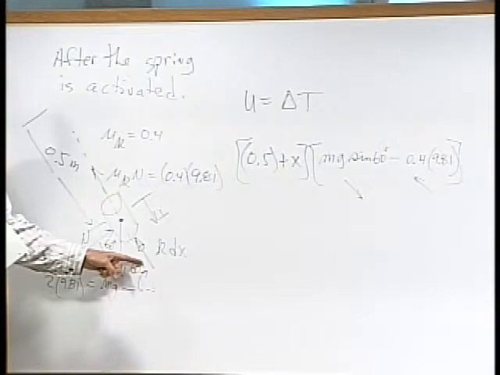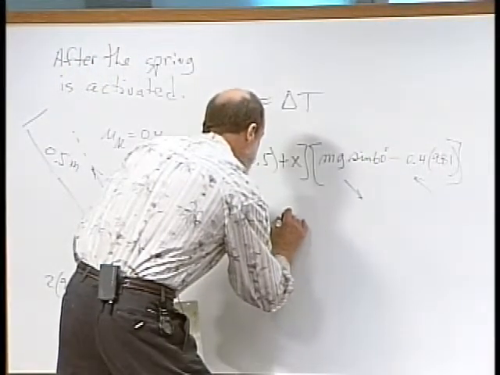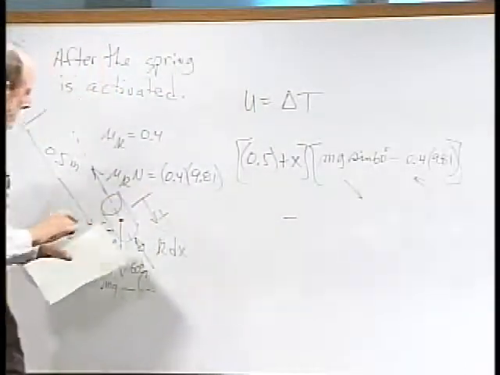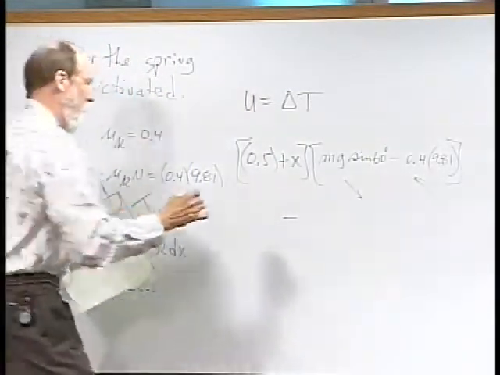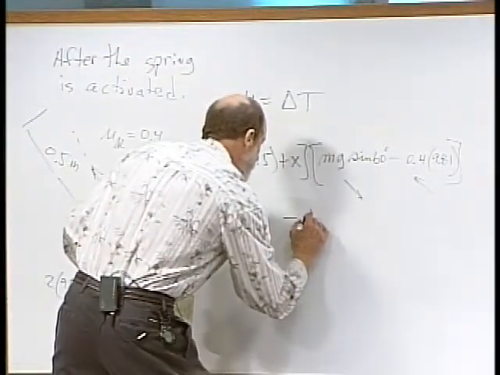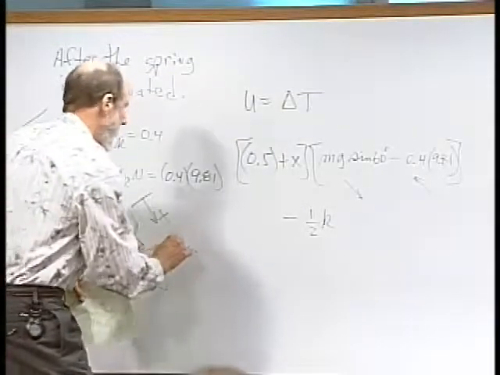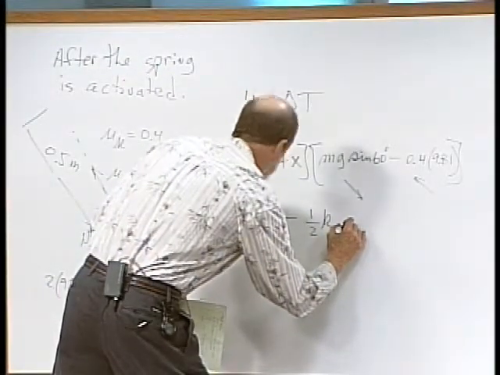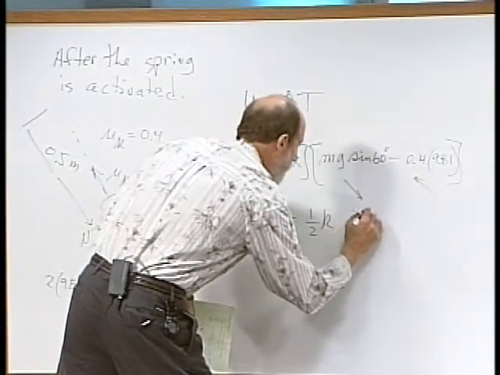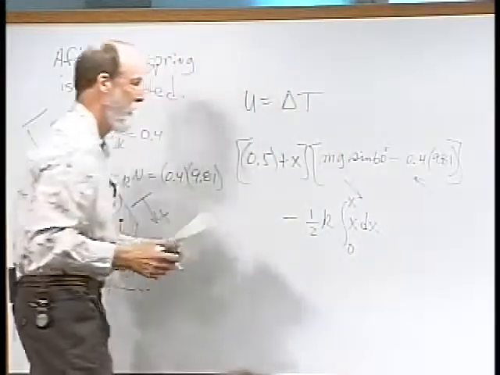Through distance x. Okay. So what we have is we're subtracting the energy due to this spring. So this is going to be minus 1/2 k, and we have to include x dx integrated from 0 to x.